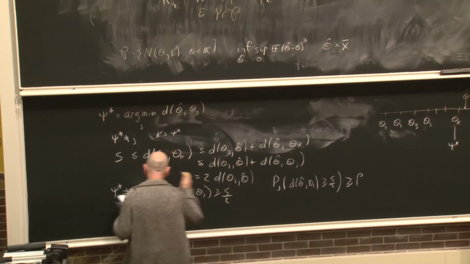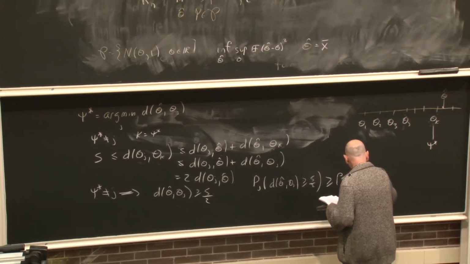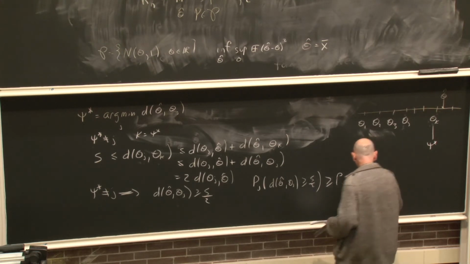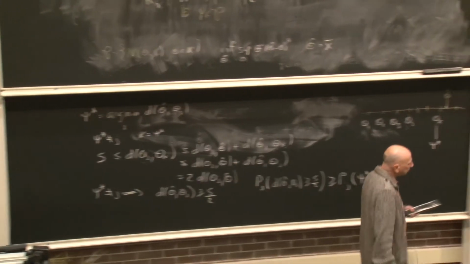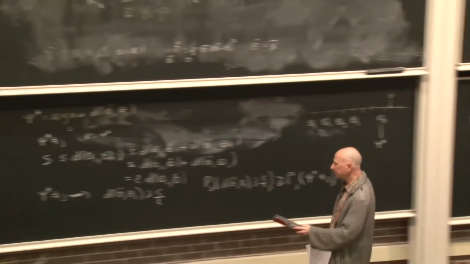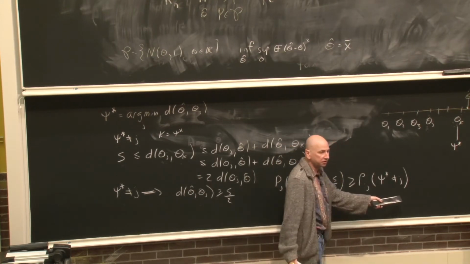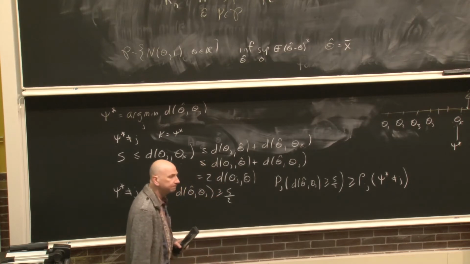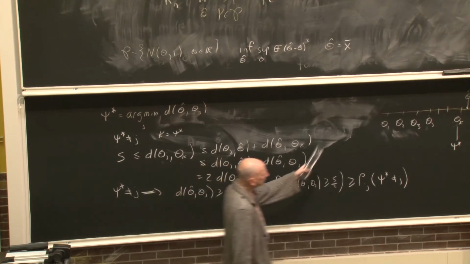So the probability of this is bigger than or equal to the probability of this. So that's the probability that phi star is not equal to j. So this is a long-winded way of saying this probability is at least as big as the probability that this projected estimator onto the finite set is wrong. The probability you're far from theta j is bigger than or equal to the probability that it picks the wrong one out.